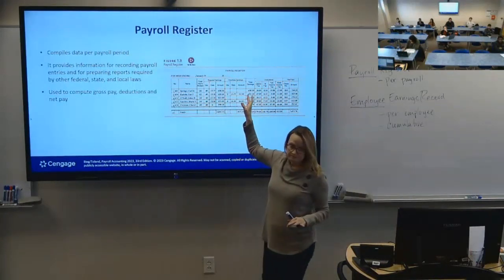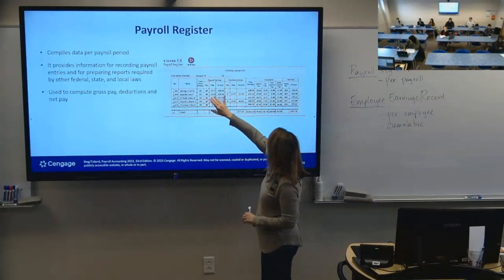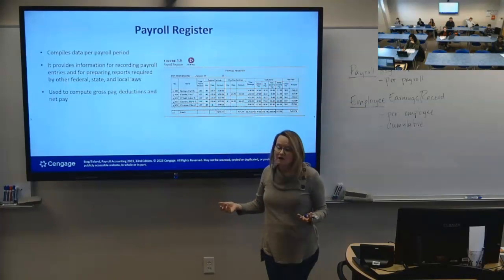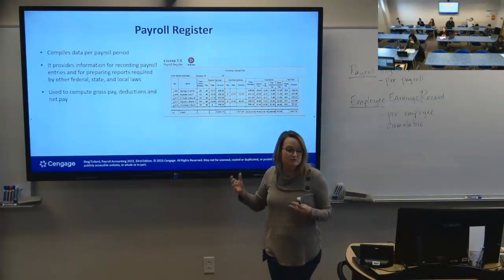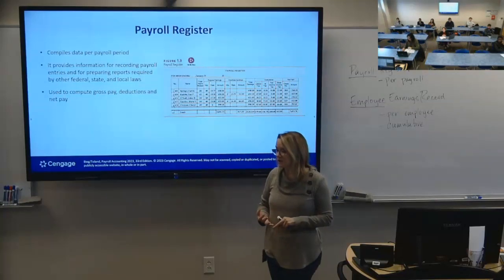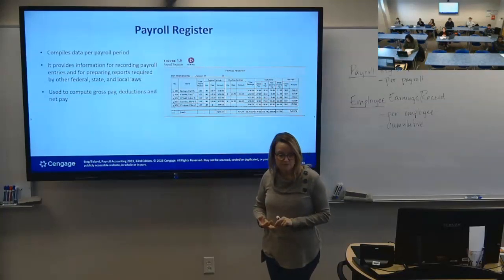Lots of columns here. All of this looks a lot like an Excel spreadsheet. This can be done on Excel. For the most part, software is what's going to generate this. So QuickBooks has a payroll function. There are lots of different payroll softwares out there.